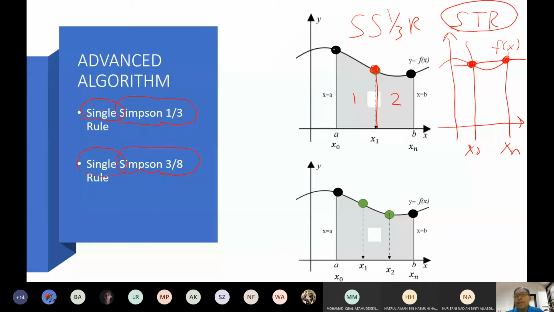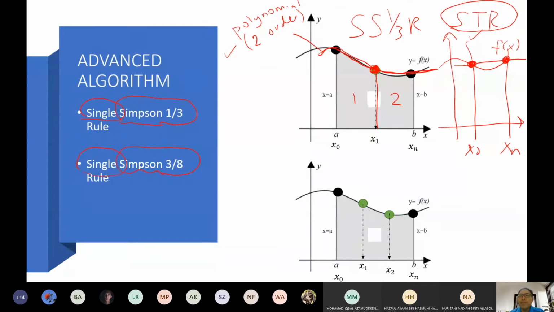And the 3 points here will be connected by a curve, not by a straight line, and the curve is a polynomial curve with order of 2, second order. So by using this midpoint, the area approximated by this formula will be much better than single trapezoidal rule.